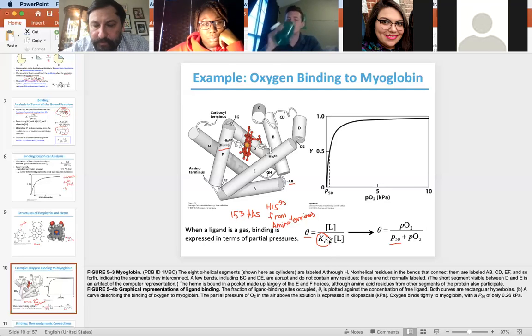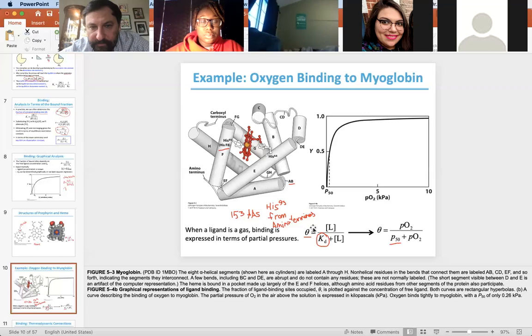If you think about the definition of KD, theta, the saturation, is half of maximal, so 1/2. If 1 is maximal, one way to define KD is the ligand concentration at which theta equals 1/2. Does this make sense?